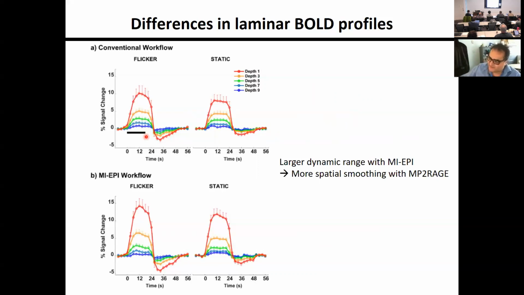That means we are averaging the surrounding layers, so the differences between layers are reduced. So the dynamic range is larger for the inversion recovery workflow. Makes sense from the argument that registration and segmentation was more accurate using this method.